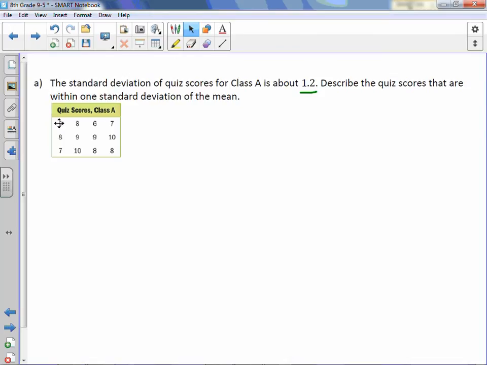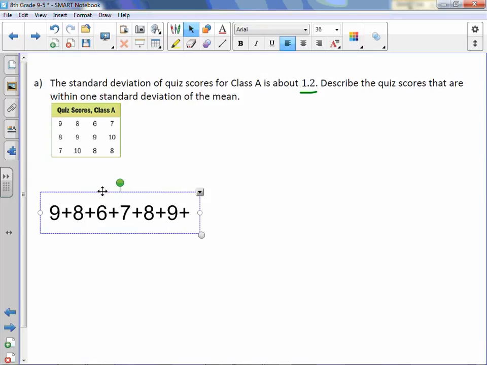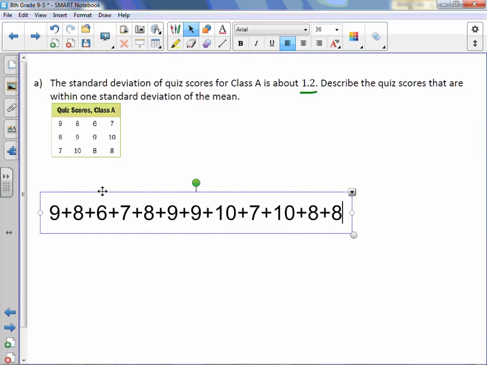In this case, we have 12 data. So let's add up this data and divide by 12. 9 plus 8 plus 6 plus 7 plus 8 plus 9 plus 9 plus 10 plus 7 plus 10 plus 8 plus 8.